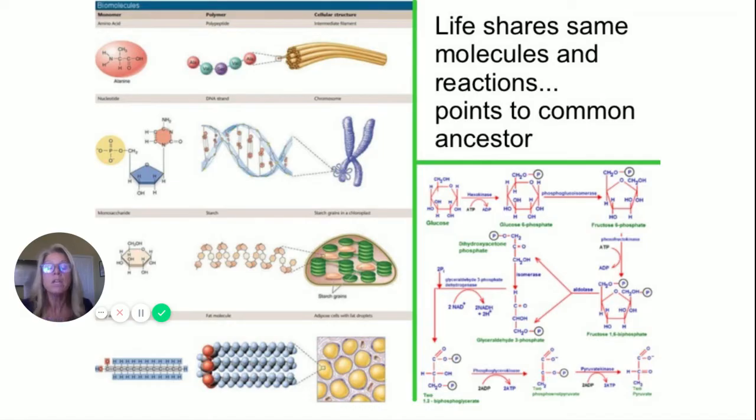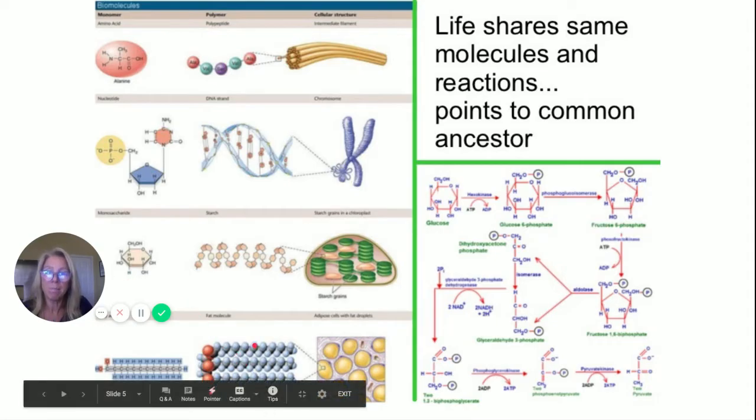Mono means one. So for instance, the first important organic molecule that you see here at the top are proteins. Well, proteins are built out of the monomer of amino acids, and we'll be learning all about that. Then you can see nucleic acids like DNA, RNA, ATP. You can see carbohydrates, and the monomer is always a sugar. And then we'll look at lipids. And there's two categories there, fats and steroids.